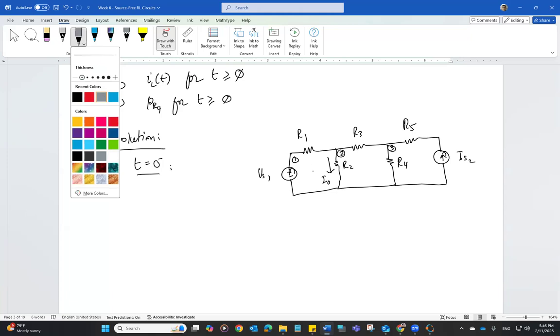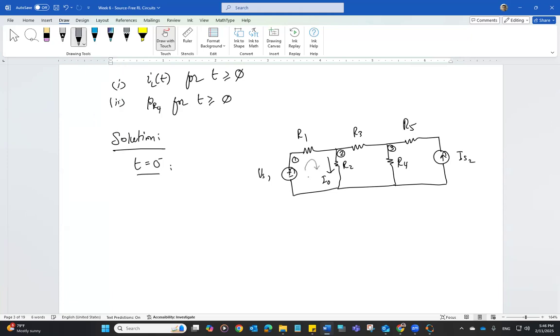Not difficult. So let's assume this is current I1, and let's assume this is current I2. And of course, the current here is IS2, so we don't need to find that.